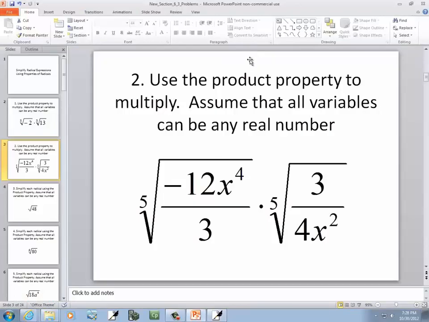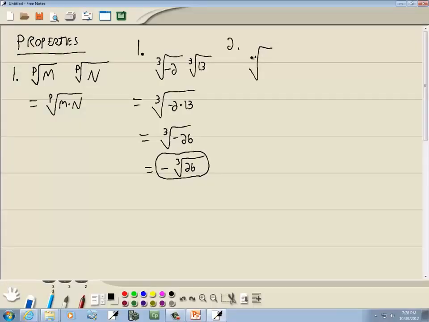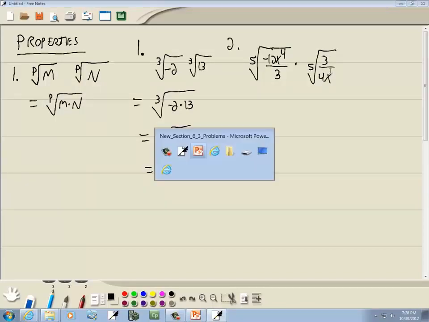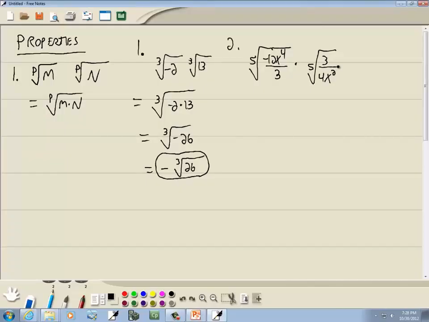Let's take a look at our next one. We get the fifth root of negative 12 x to the fourth over 3 times the fifth root of 3 over 4x squared. Now we're multiplying these together, so I'll put them underneath a single radical with the fifth root.